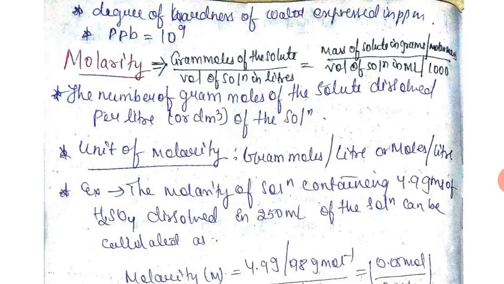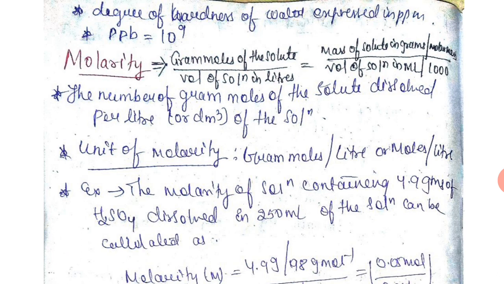Why are we using parts per million? What is the use? It is used for knowing the hardness of water. What do you mean by hardness of water? You may go through the chapter hydrogen in inorganic.